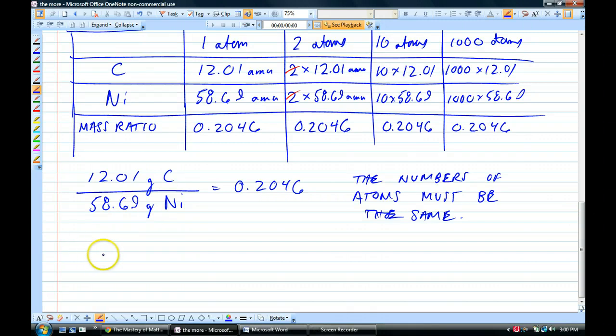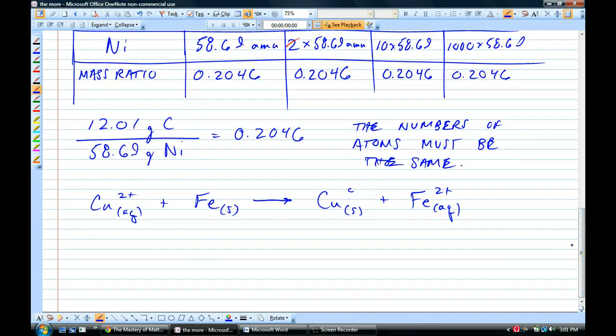For example, let's say I had copper, and copper was going to react with iron, and we did this little experiment in our lab, right? And it's going to react like this, and it's going to produce solid copper and iron 2 plus ions dissolved in the solution. All right?